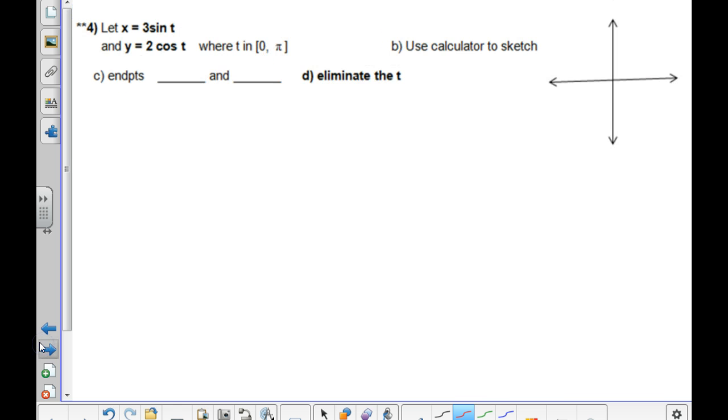All right, moving on. This is not going to be a perfect circle. Type this in and see what you get. See if you can do this problem by yourself.